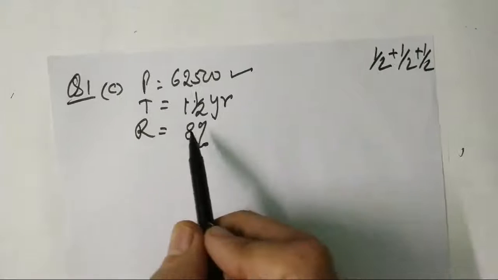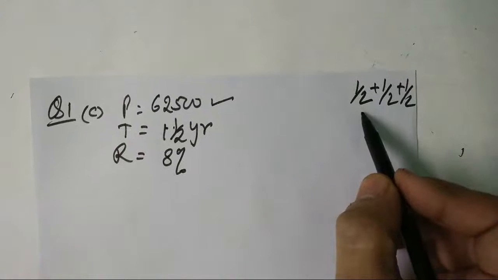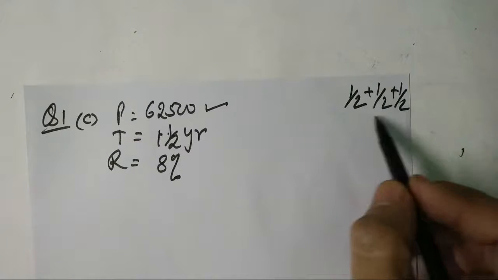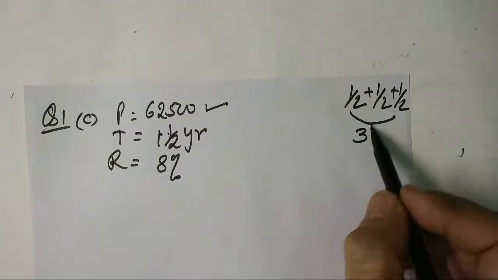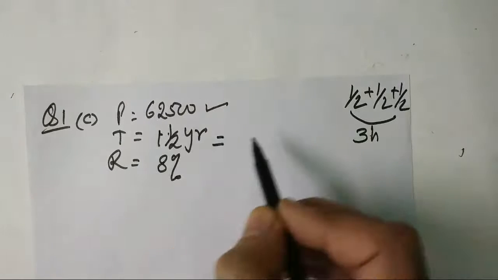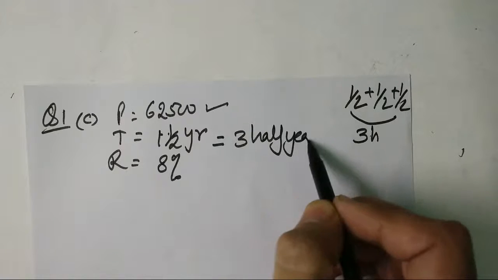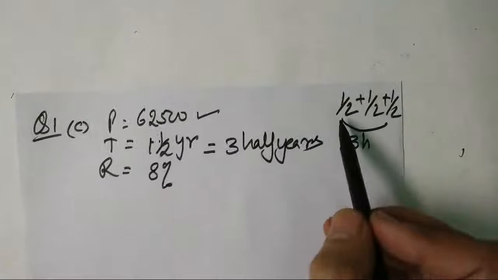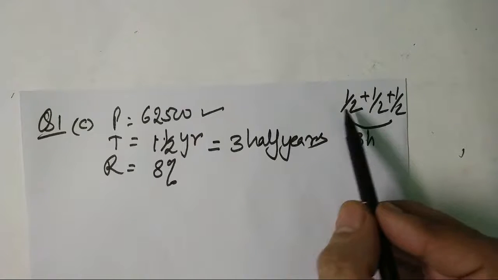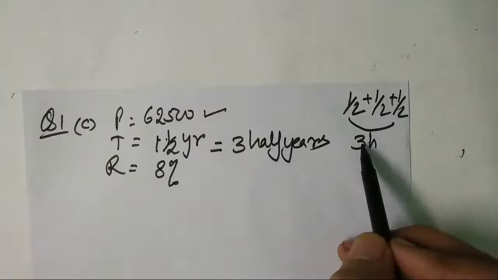So since the time is 1.5 years, it will become half plus half plus half, which becomes 3 half years. So 1.5 means 3 half years. And how is it 3 half years? Because 1.5 means half plus half plus half, which means 3 half years.